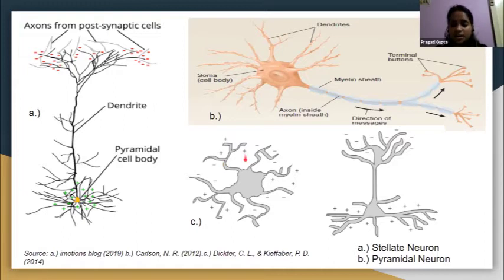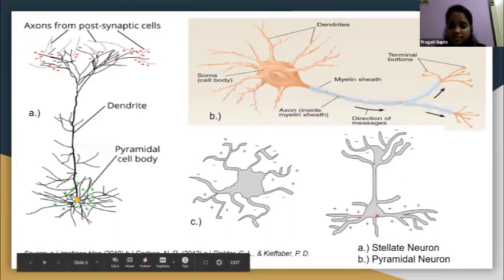These are cancelled out. But in the pyramidal cells, we have an apical dendrite towards the surface of the cortex, and we have the basal dendrite towards the deeper layers of the cortex near the white matter.